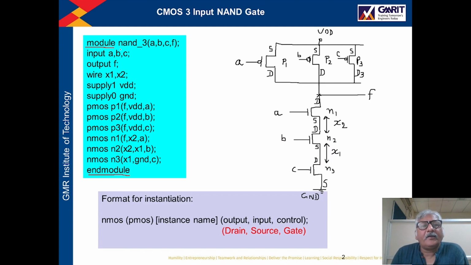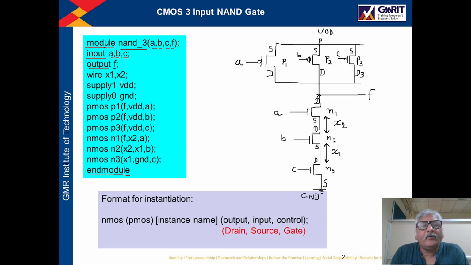The name of this Verilog module is NAND_3 and it has the ports named A, B, C and F. Now input ports are declared by the keyword input and these are A, B, C. The output port F is declared by the keyword output.